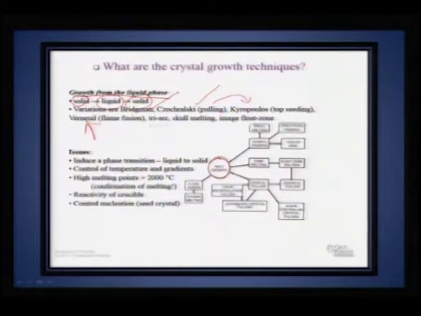So we can take a few examples to identify what these techniques are and what the minimum requirements for them are. The issue we need to understand here is there is a phase transition, liquid to solid, and then we need to have a precise control of temperature and the temperature gradients as we grow these crystals.